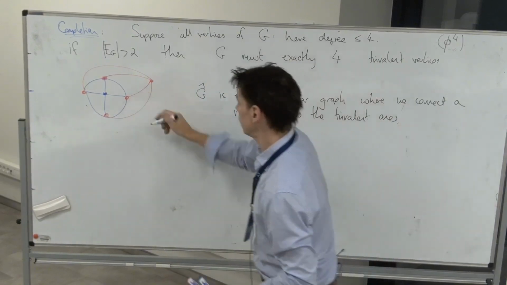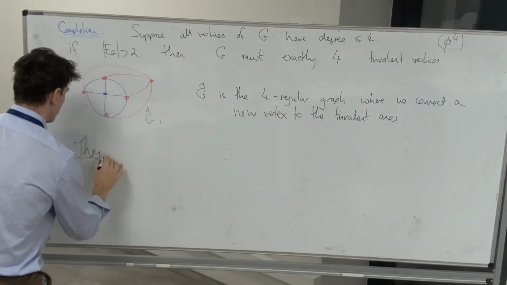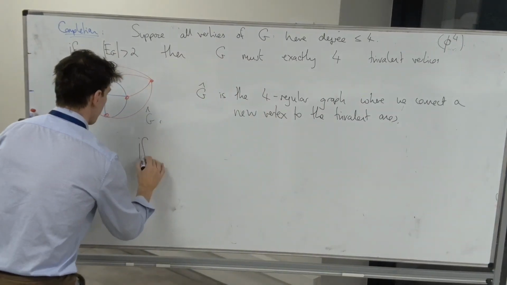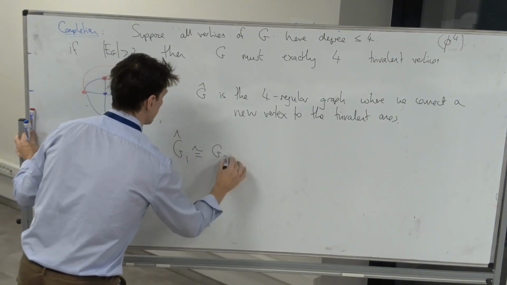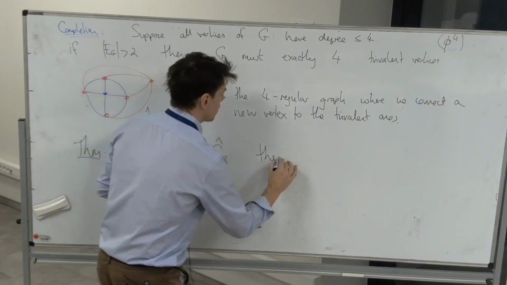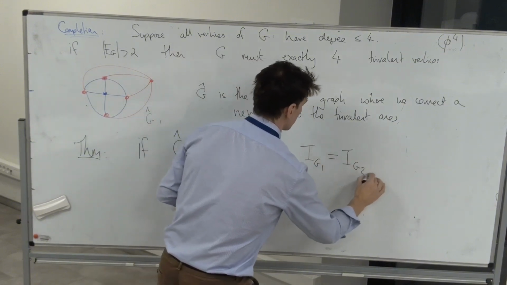So we get a graph here, G hat. And the theorem is that if G1 hat is isomorphic to G2 hat, then I_G1 equals I_G2.